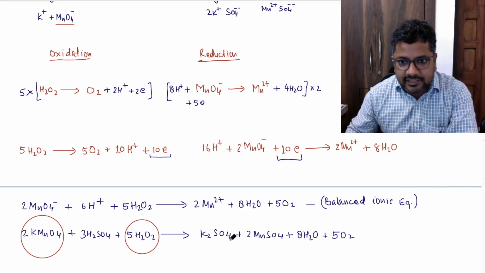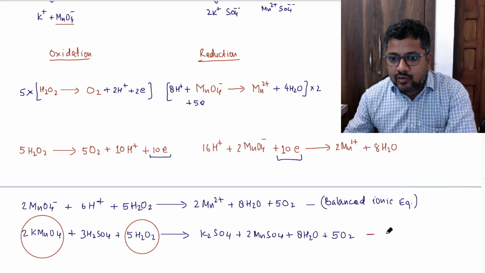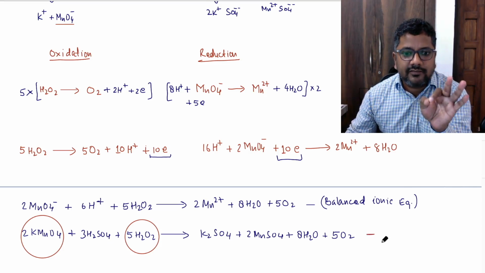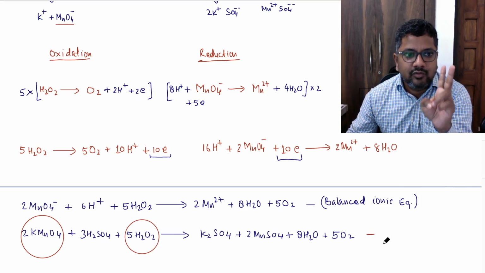So in this balanced equation, a total of 10 moles of electrons are transferred.